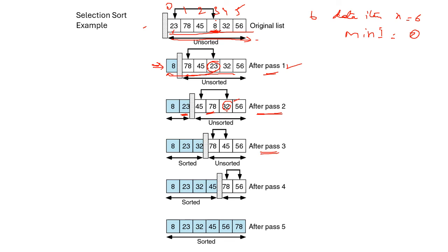So after pass 3, 32 will be placed in its right position. See, at every iteration, the sorted portion of the array is incremented by 1, and the unsorted portion of the array gets decremented by 1. See, after pass 5, all the data items will get sorted.